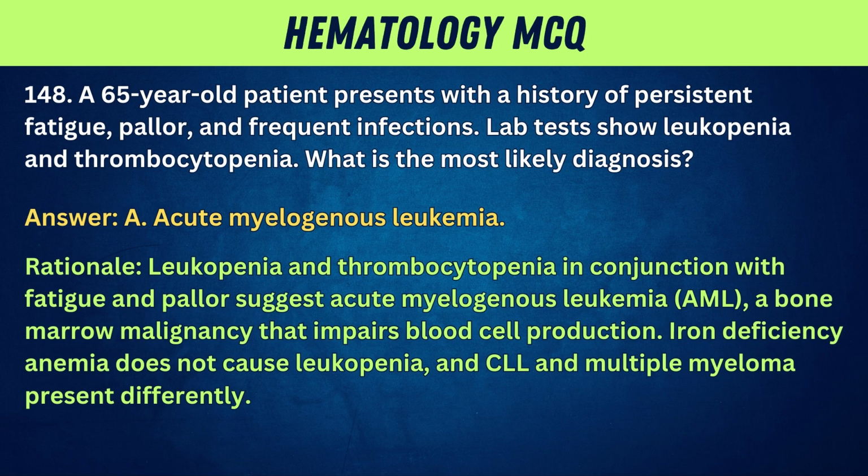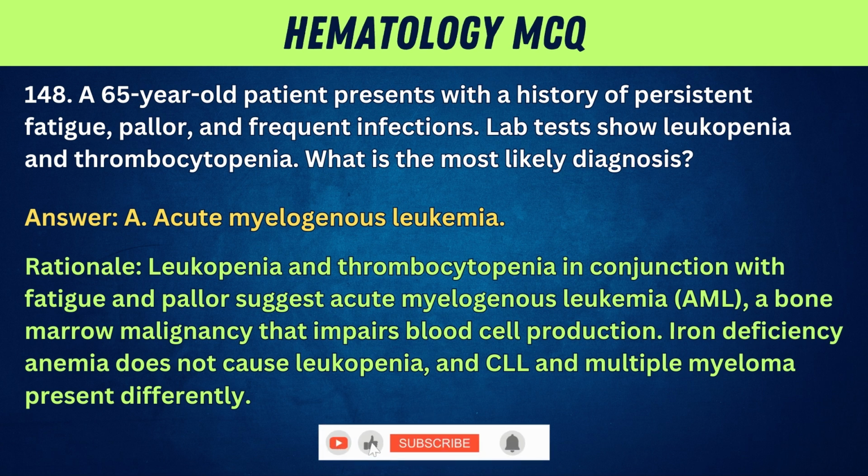Answer: A. Acute myelogenous leukemia. Rationale: Leukopenia and thrombocytopenia in conjunction with fatigue and pallor suggest acute myelogenous leukemia, AML, a bone marrow malignancy that impairs blood cell production. Iron deficiency anemia does not cause leukopenia, and CLL and multiple myeloma present differently.